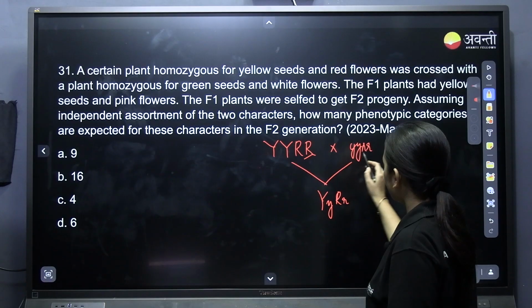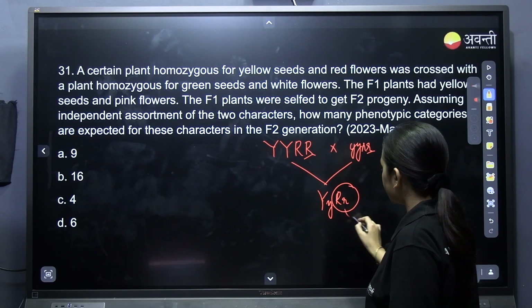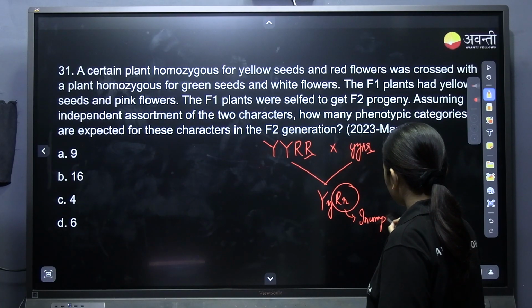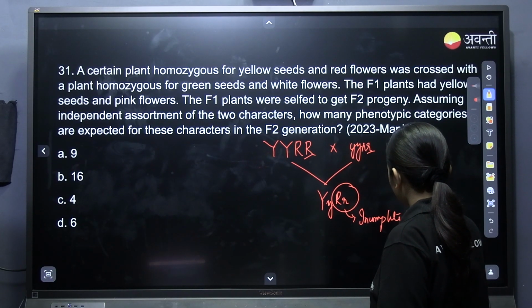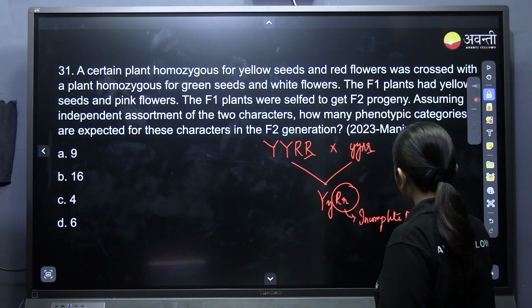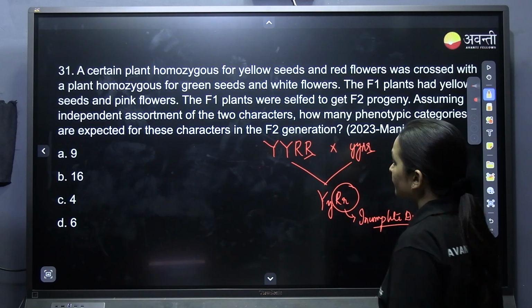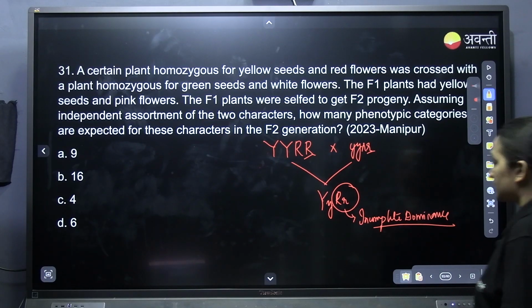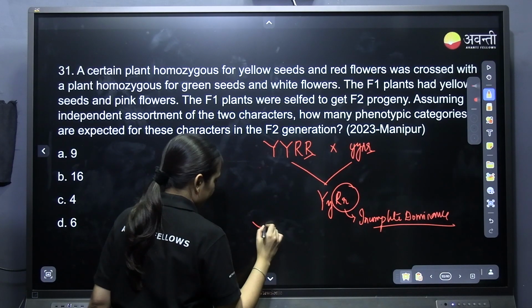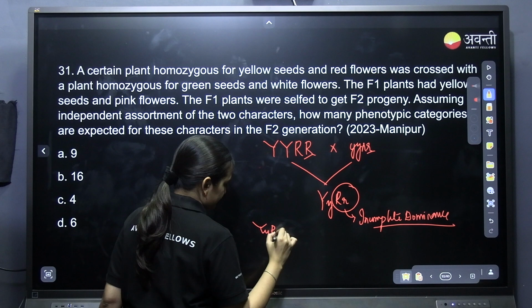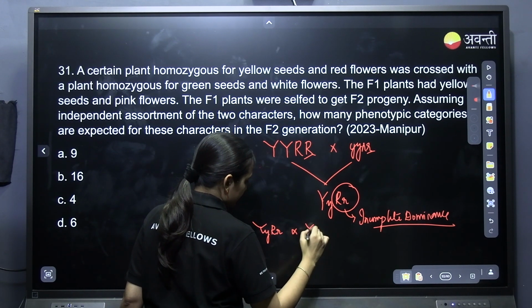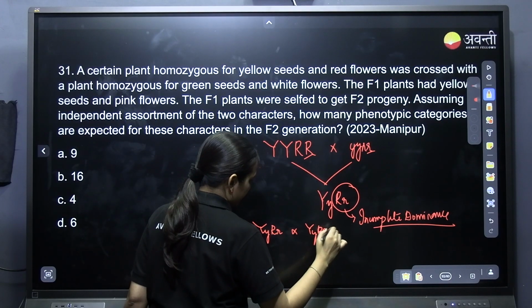So this red and pink, this one has the incomplete dominance. The F1 plants were selfed, that is yellow pink is crossed with yellow pink.